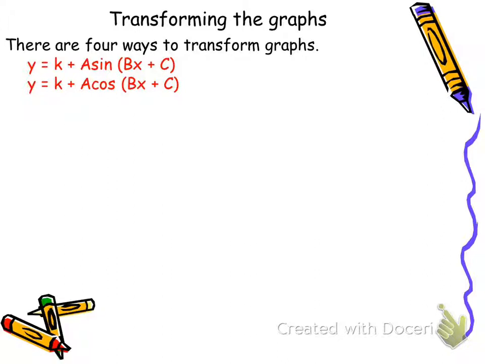There are 4 ways we can transform the graphs, and there are 4 parameters in these equations. This is not difficult. It looks difficult right now, but we're going to make it simple. As we said at the beginning of this lesson, the sine graph always looks the same way. The cosine graph always looks the same way.